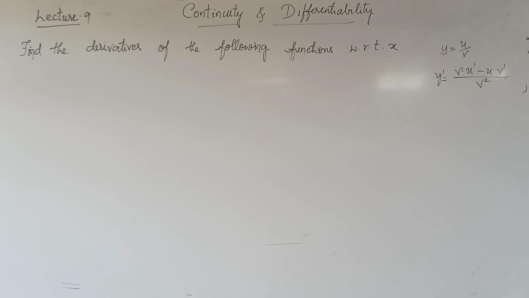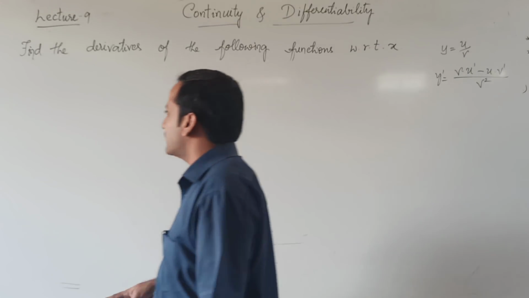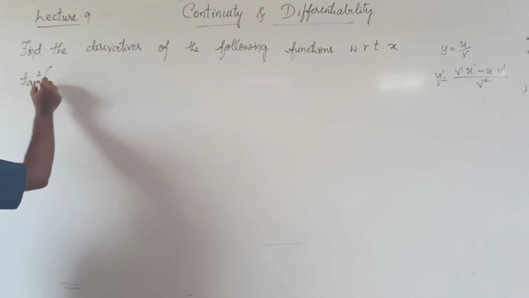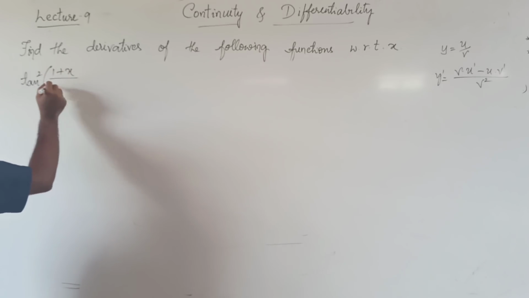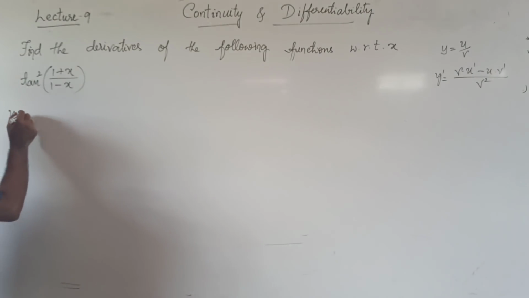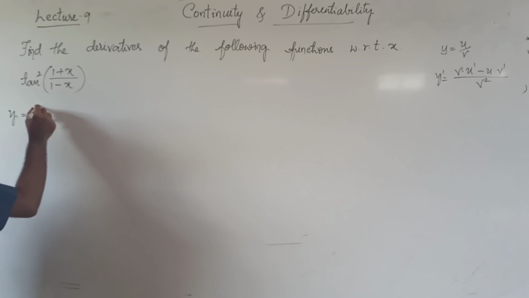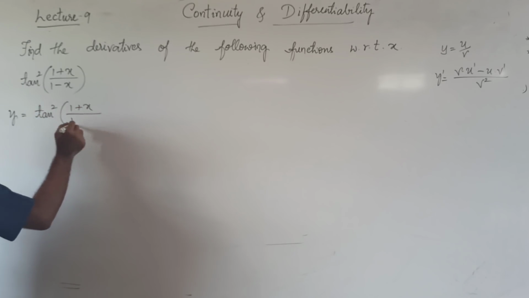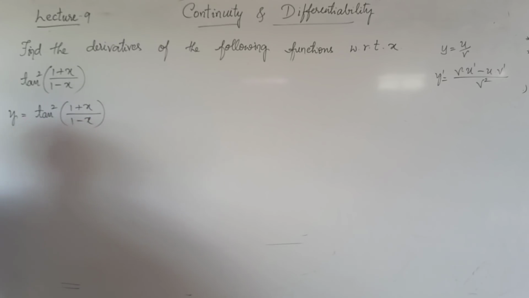Next question is tan square of (1 plus x) by (1 minus x). Tan square of 1 plus x divided by 1 minus x. So take this as y. Let y be equal to tan square of (1 plus x) divided by (1 minus x).